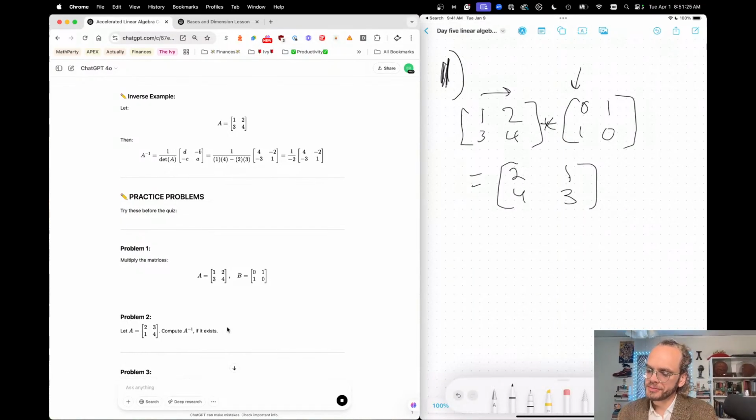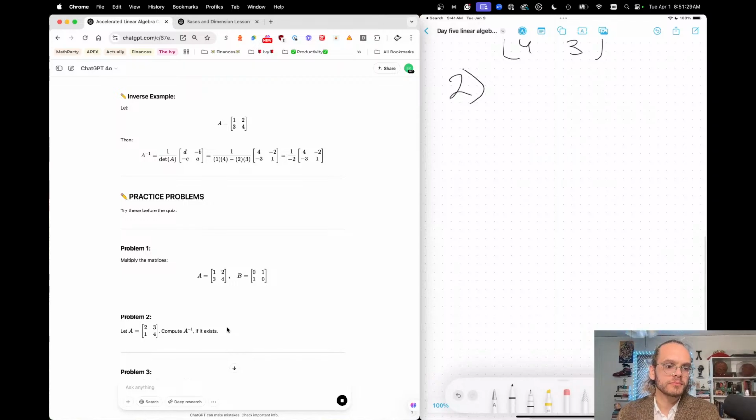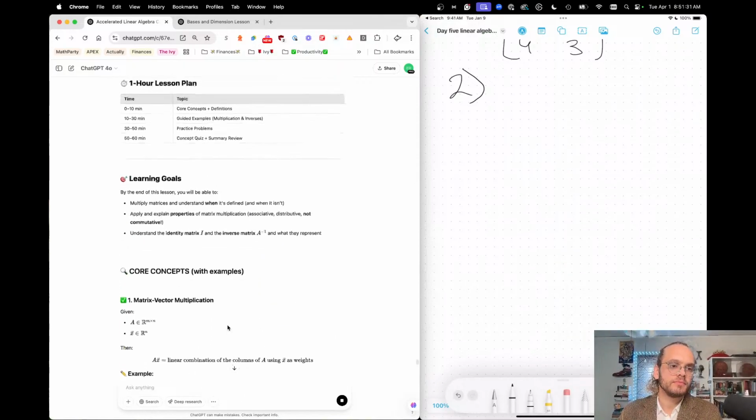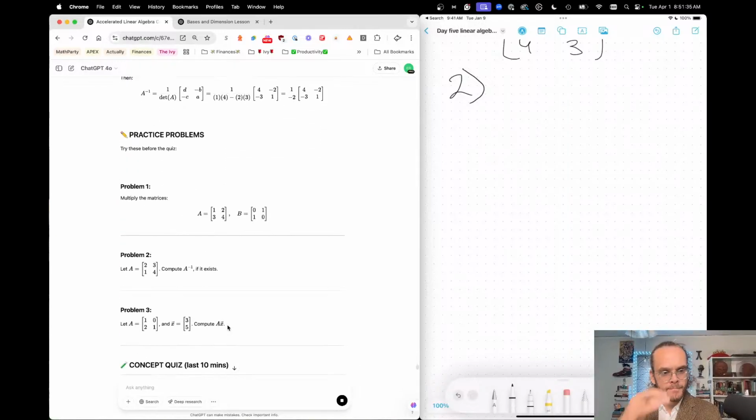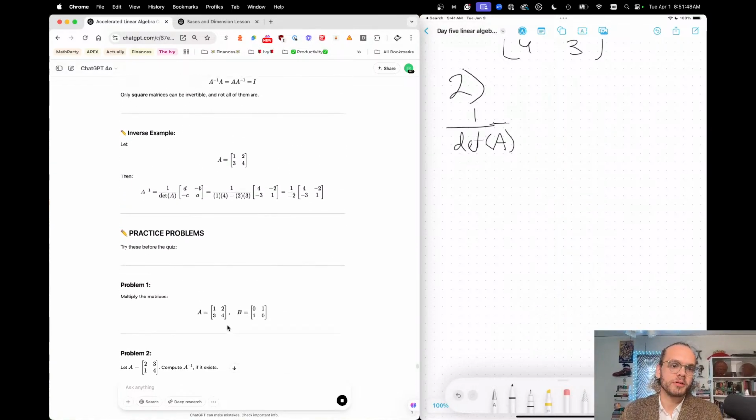And problem 2 here, I want to find the inverse of A. So I go 1 over determinant of A. Let me make sure I get the whole formula.